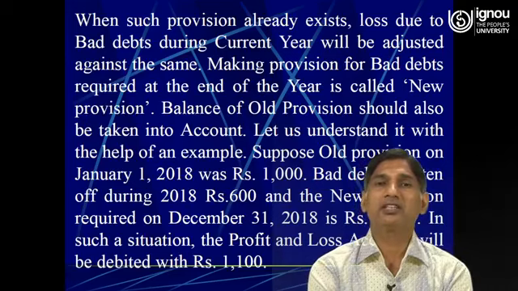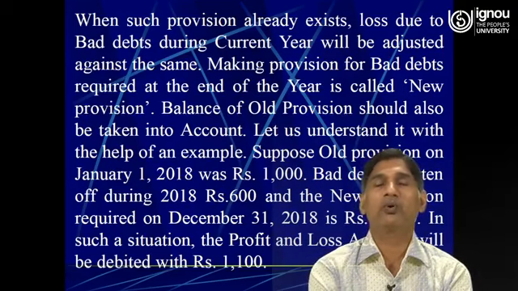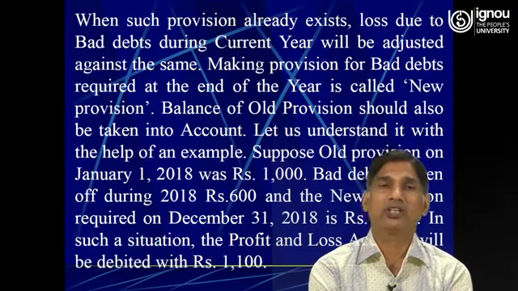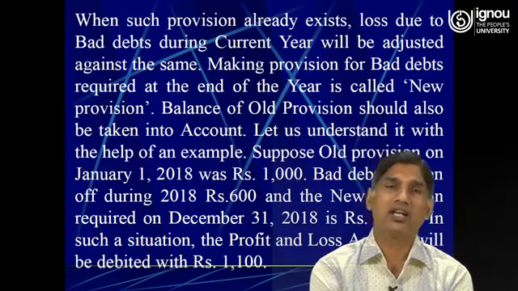So the total is 2100, minus old provision of 1000 rupees. 2100 minus 1000 is 1100.